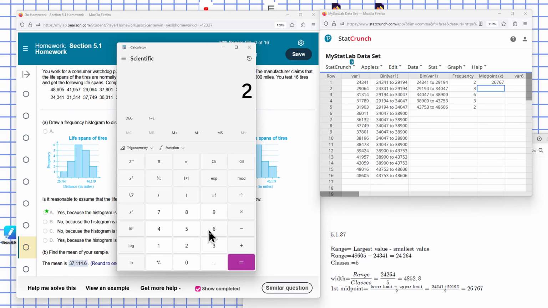So I have 26767 plus 4853, and it gives me my next one there.